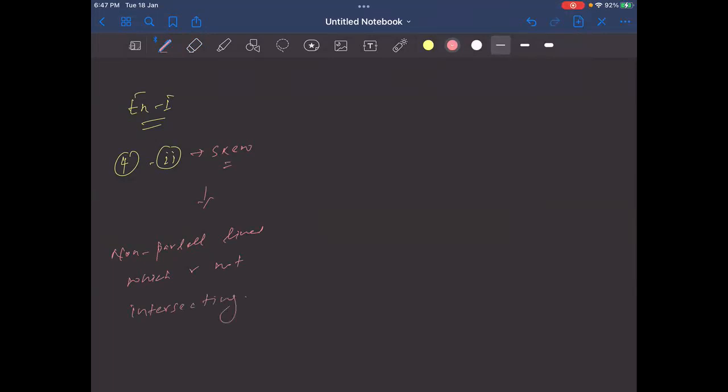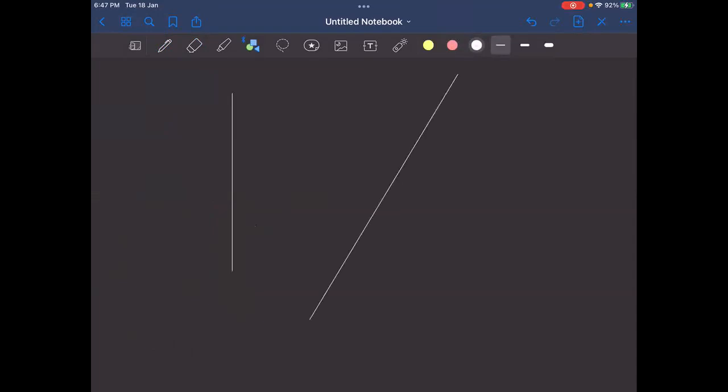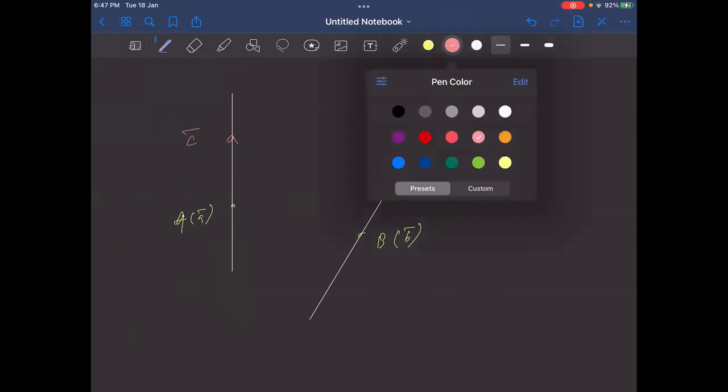Correct? So look at the theory first, I don't know whether you know it or not. I'll do it. Let's say we take two lines. This line passes through point A and this line passes through point B. This is along the vector C and this is along vector D. What is the equation of the first line?